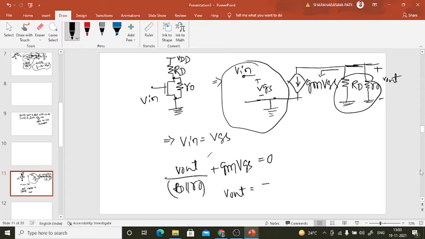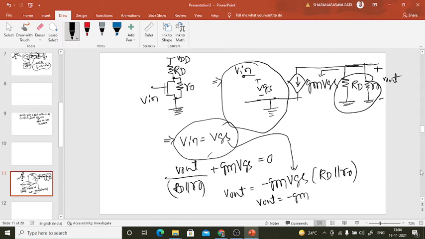Now put VGS equal to VI, so that will give V out equal to minus gm VI into RD parallel with R0. I will write this again, that gives AV equal to minus gm into RD parallel with R0.